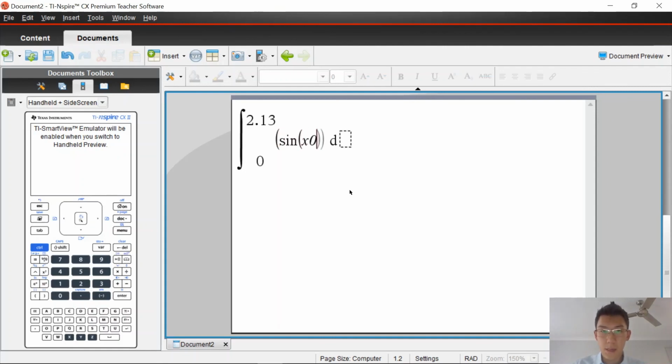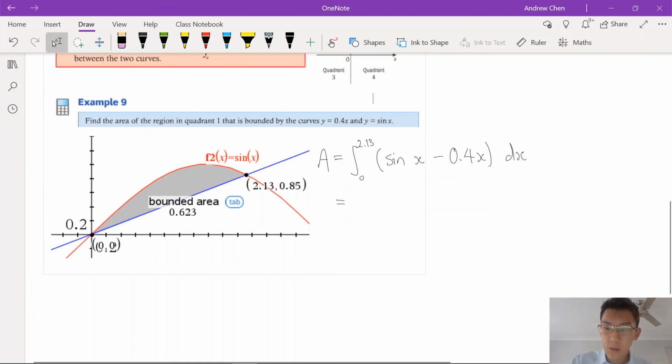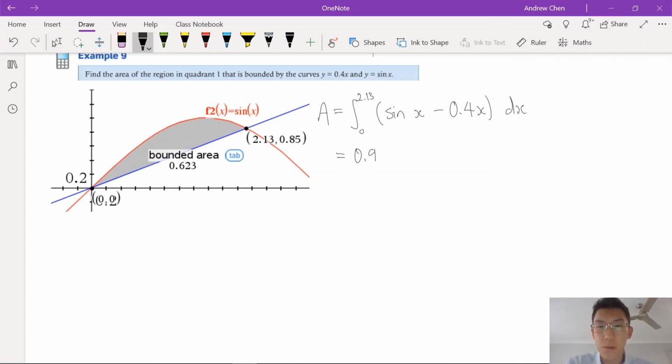Sine x, take 0.4x, x, 0.623, there we go. All right, and that's how you do example 9, or any other question that requires you to find the area between two curves.